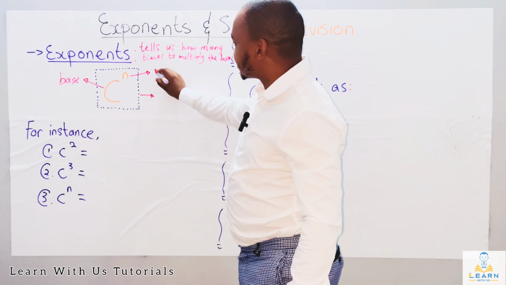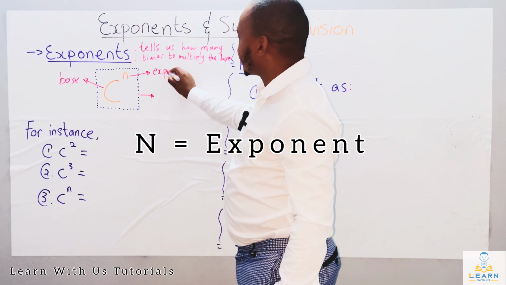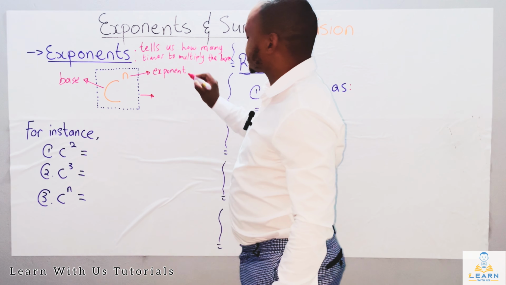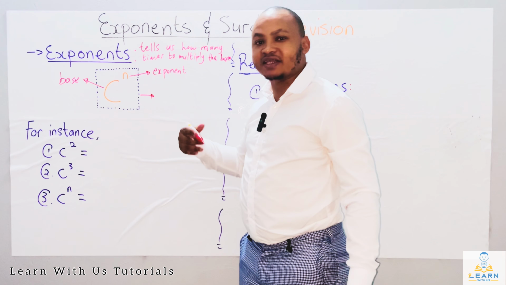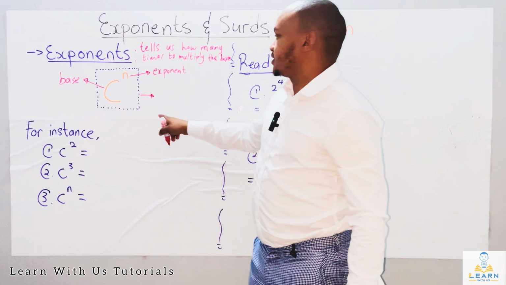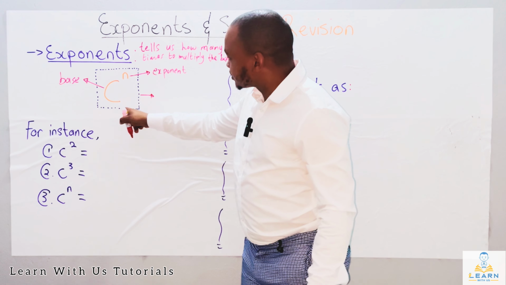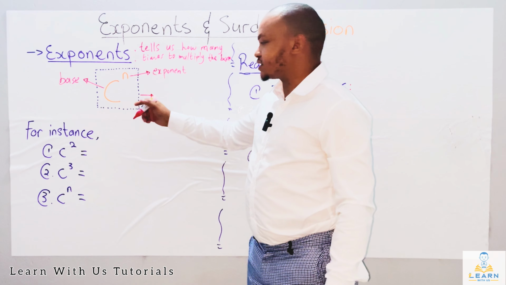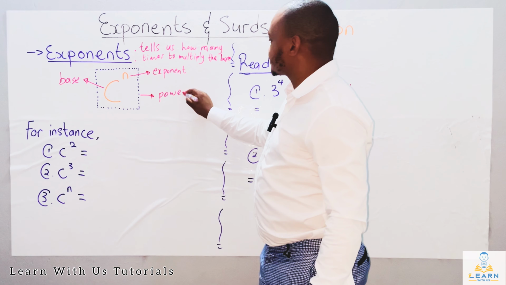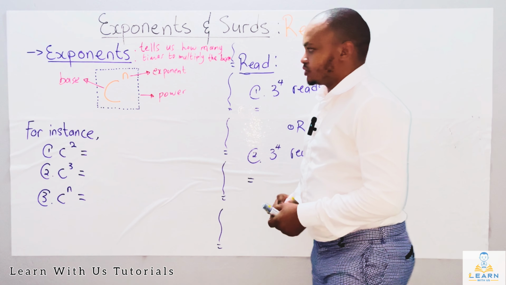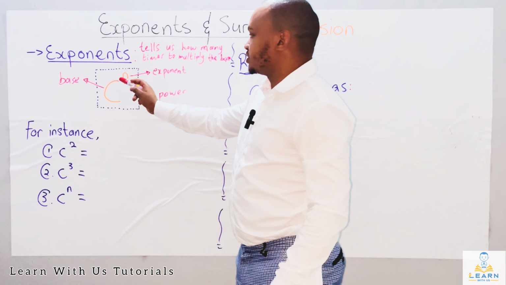The n that we see there is our exponent; it tells us how many times we're going to multiply the base. The whole term that we see here, we refer to as a power. So we have a power, we have the exponent, and we have the base. For us to have a power, we need the exponent and the base.